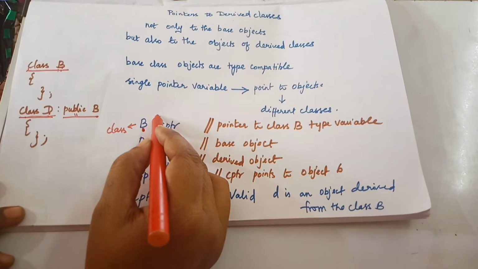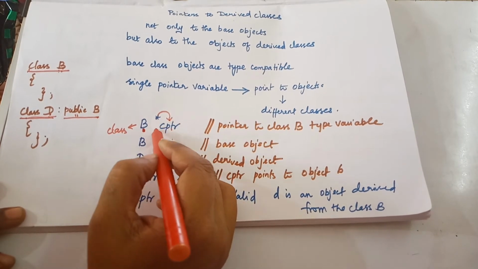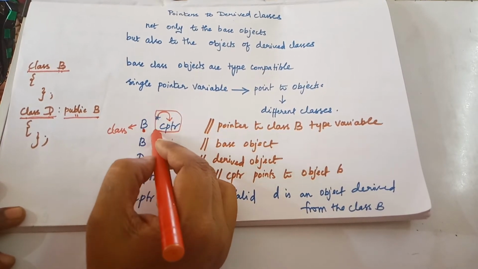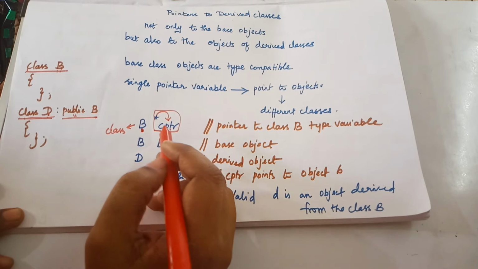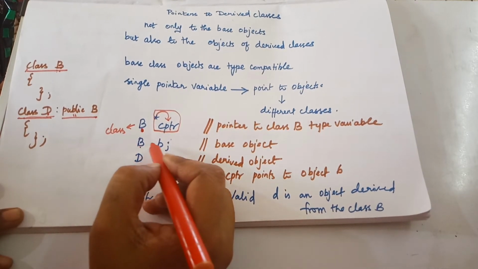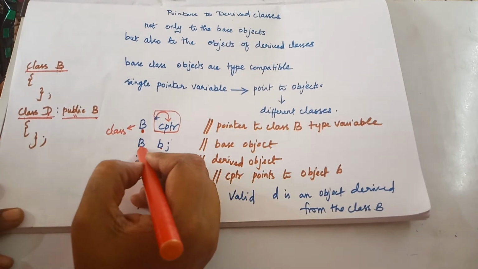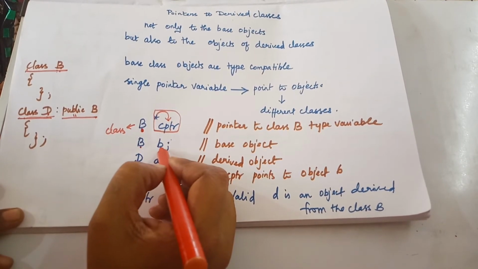Correct? So this is an object pointer. Then for B, I am creating one object. This is the base object, a base class object.